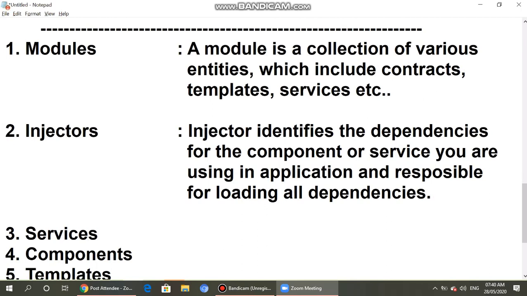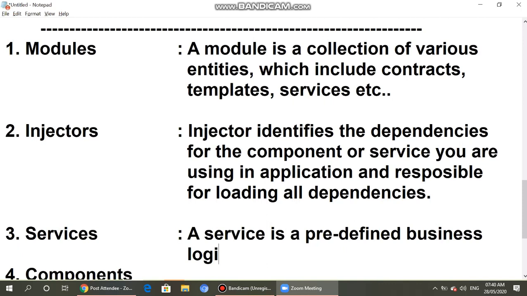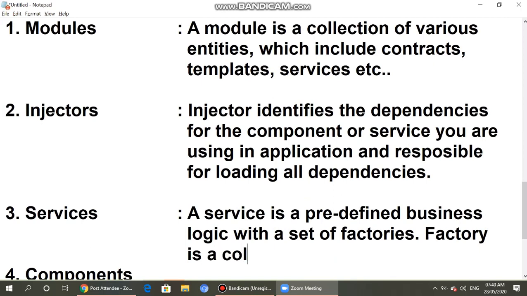What are services? A service is a predefined business logic with a set of factories. Importantly, a factory is a collection of functions.